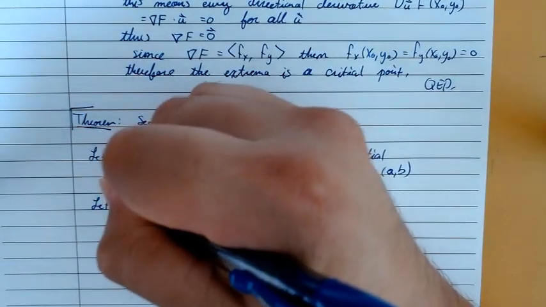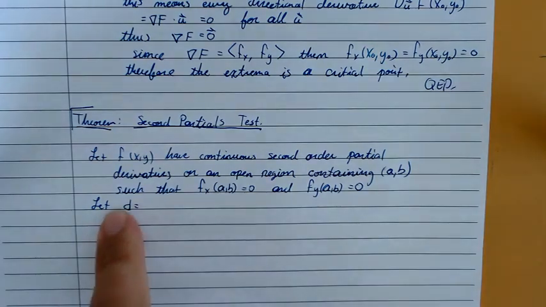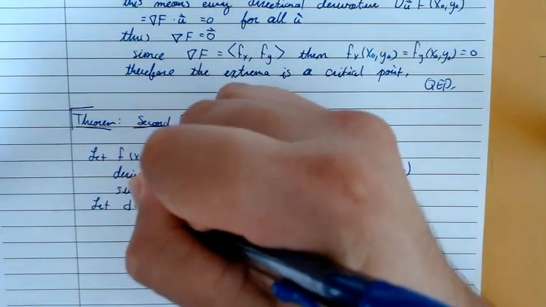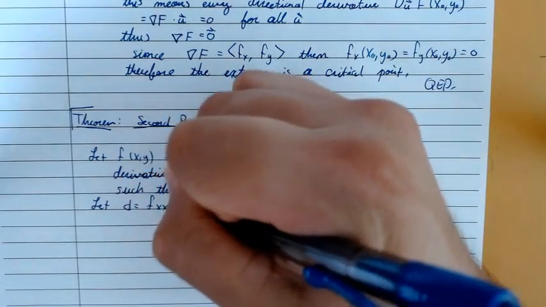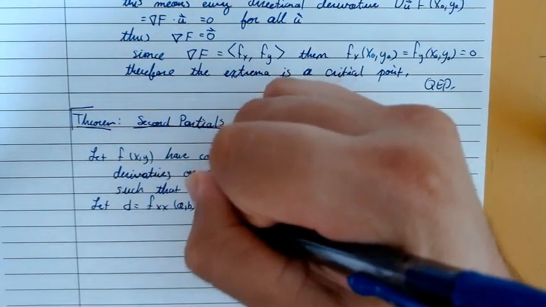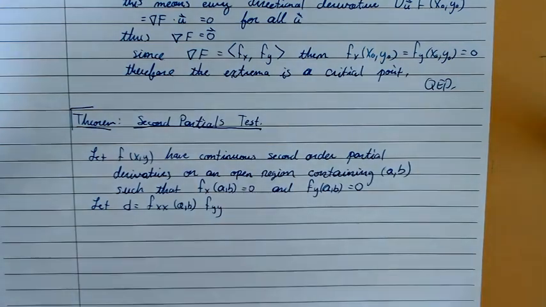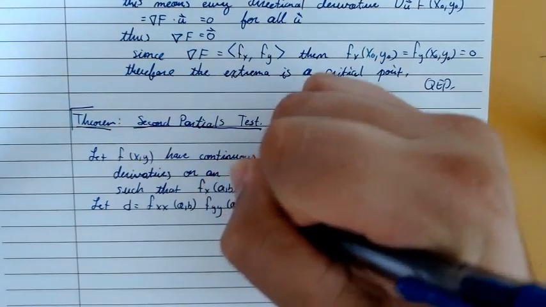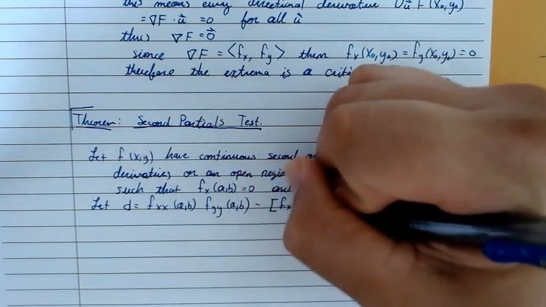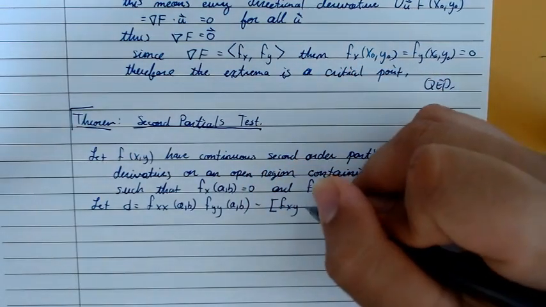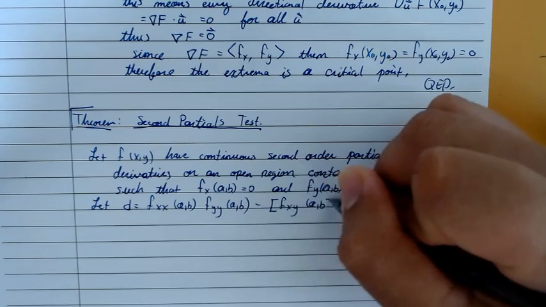Finally, let D, the number D, be given by the second partial, both with respect to x, of f at AB, times the second partial, both with respect to y at AB, minus the square of the mixed partials at AB.